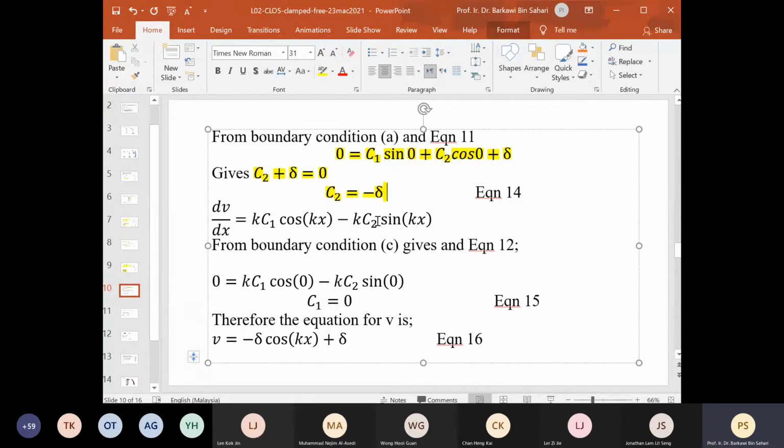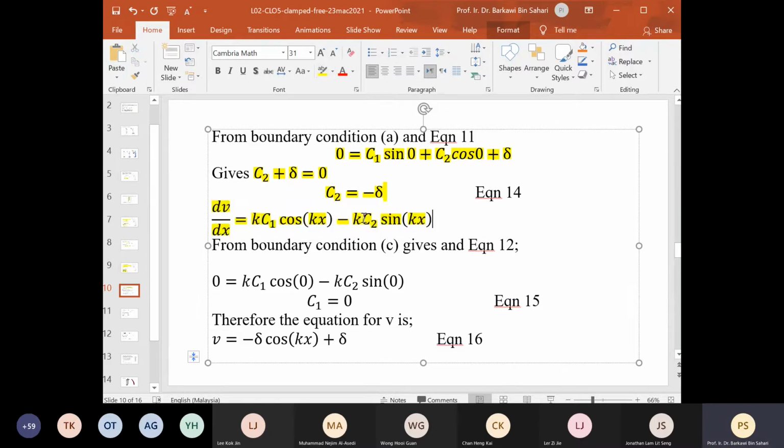Now it remains the other constant, which is C1. We obtain C1 by looking at the rotation at x equal to 0, which is dv/dx. So dv/dx equal to k times C1 cos kx plus k times C2 sine kx.